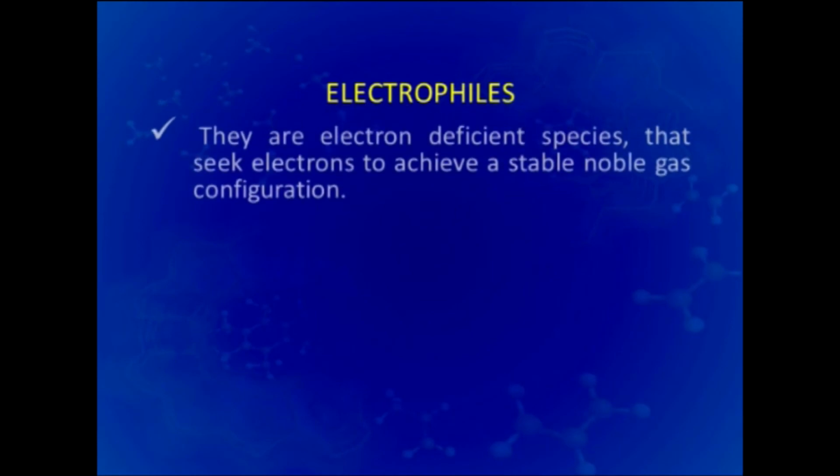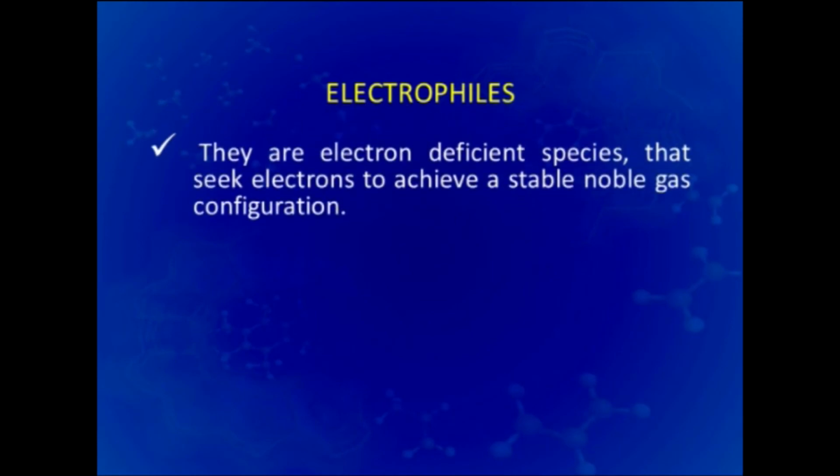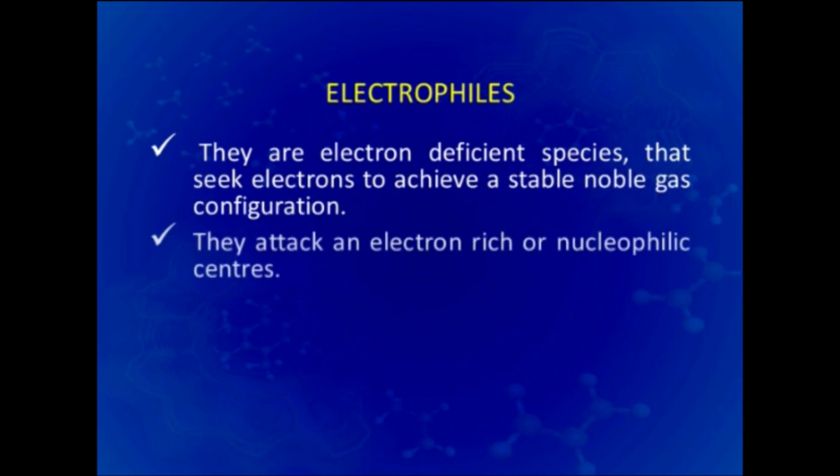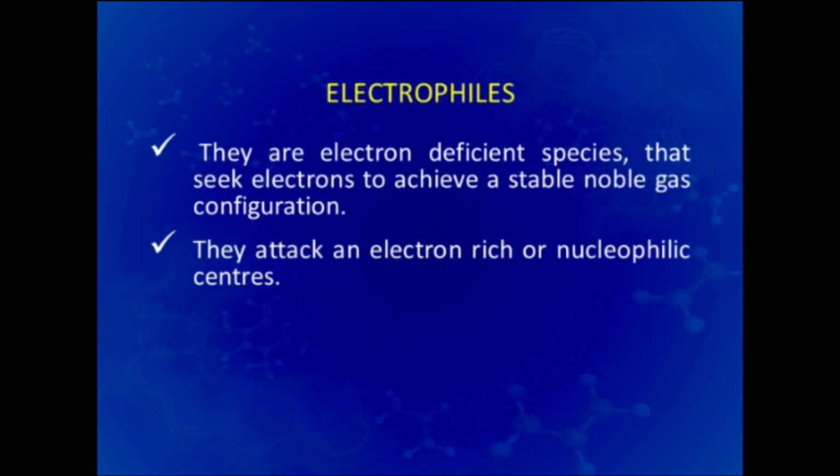So, the other types of reagents we come across in organic chemistry are called electrophiles. Electrophiles, as the name suggests, are electron loving. Because they are electron loving, they are electron deficient species that seek electrons to achieve a stable noble gas configuration, and they attack an electron rich, or we may say a nucleophilic center.